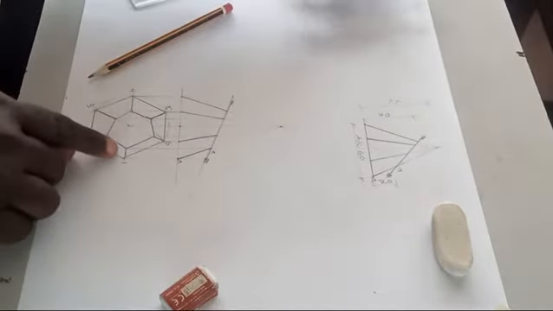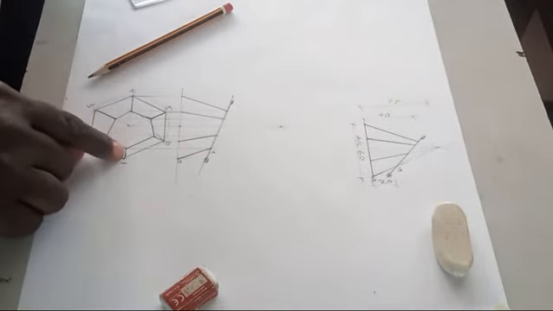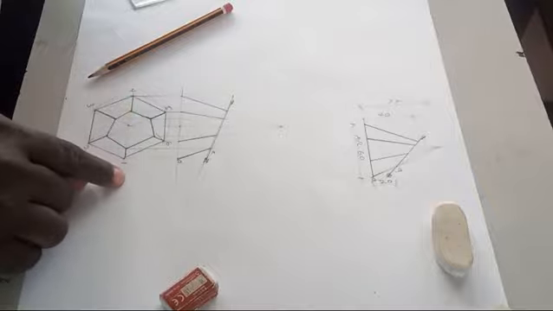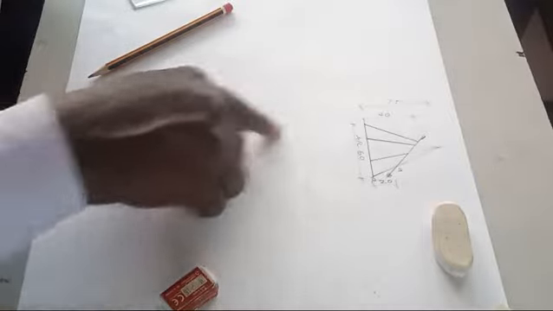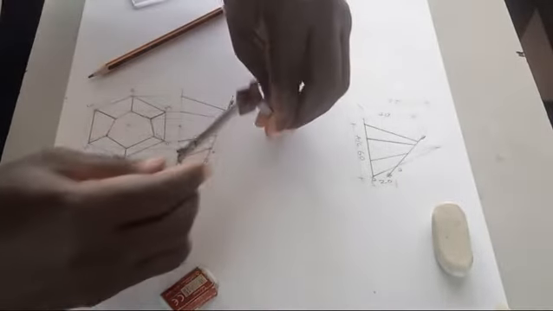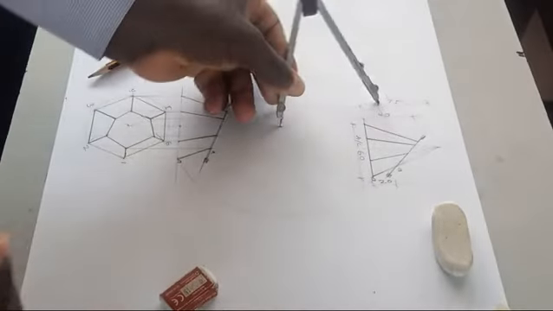Now, because one of the edges of the pyramid is horizontal, this length is the true length. So all you need to do is take the length and describe an arc.